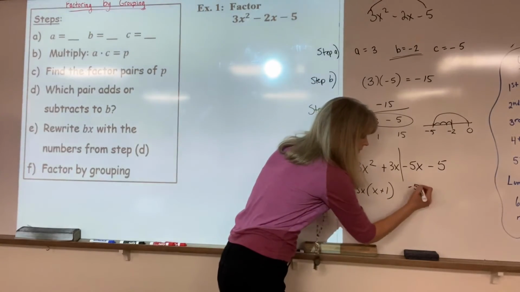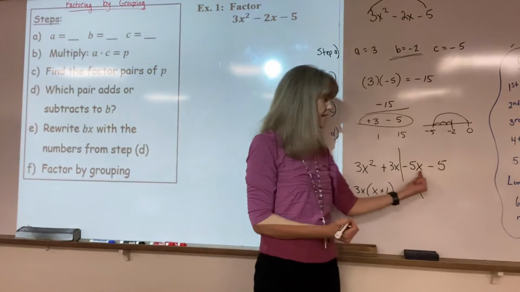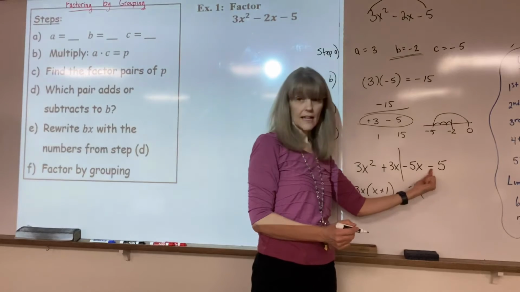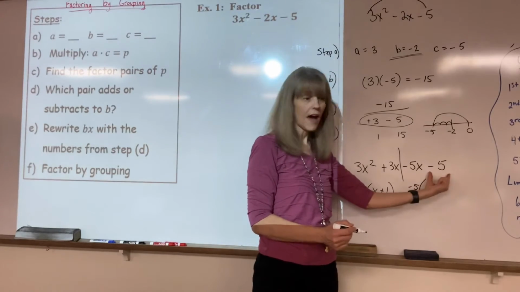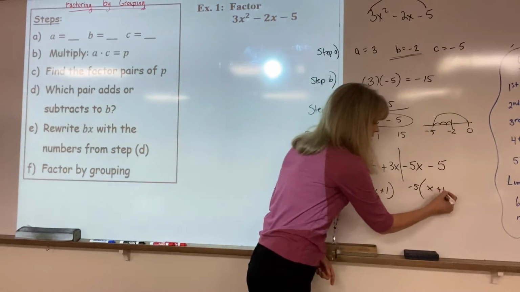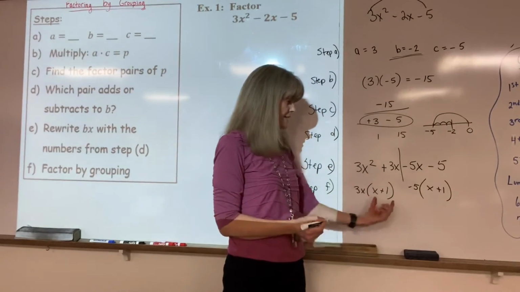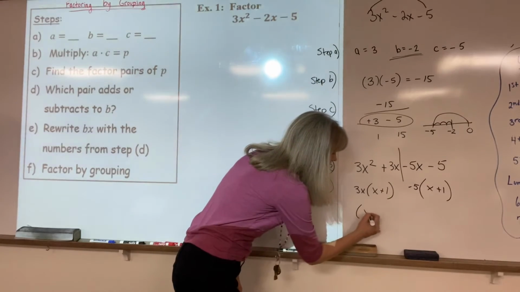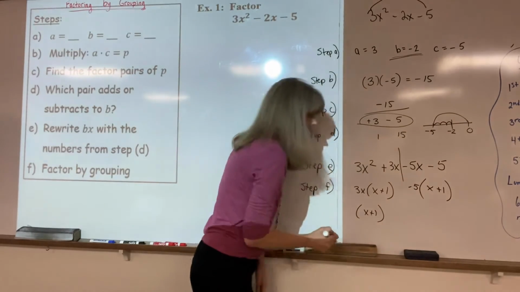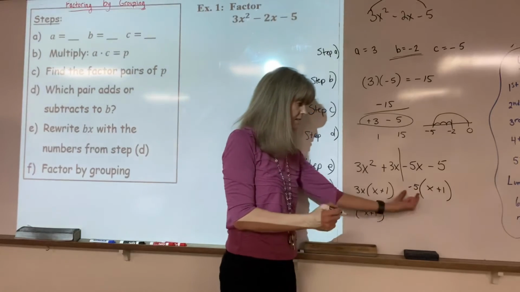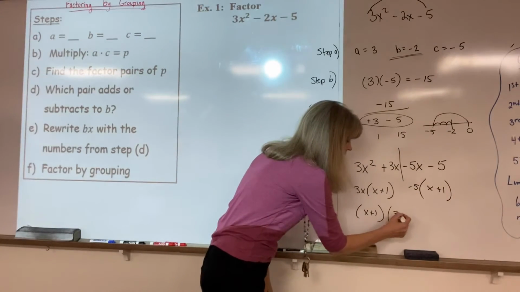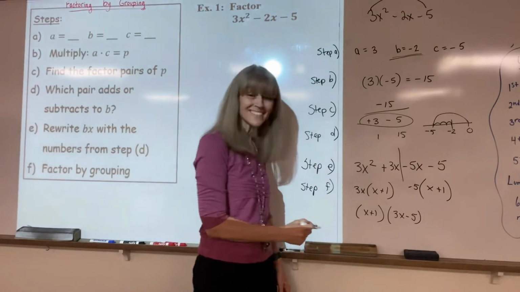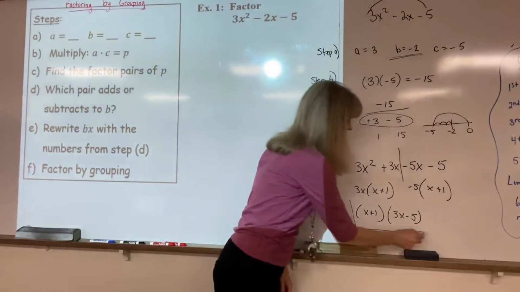Minus 5 comes out, and that leaves me with an x. If I already took out a negative, what's this going to become? Positive 1. Now I have an x plus 1 and an x plus 1. Pull out. That leaves me with 3x minus 5. And we're done. That's the factored form.